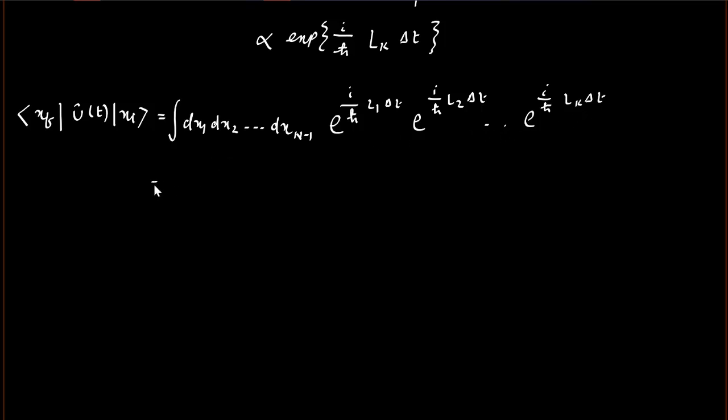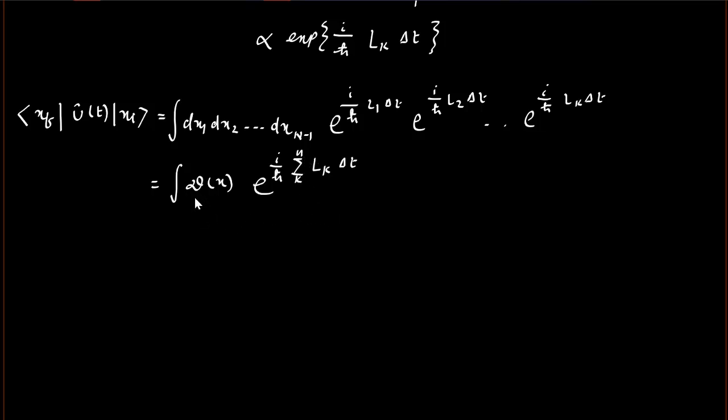So I can write in this format. Also, if I write it in compact form, I should write it in this format: capital D of x into e to the power i by h cross summation L_k delta t, with k from 1 to n.